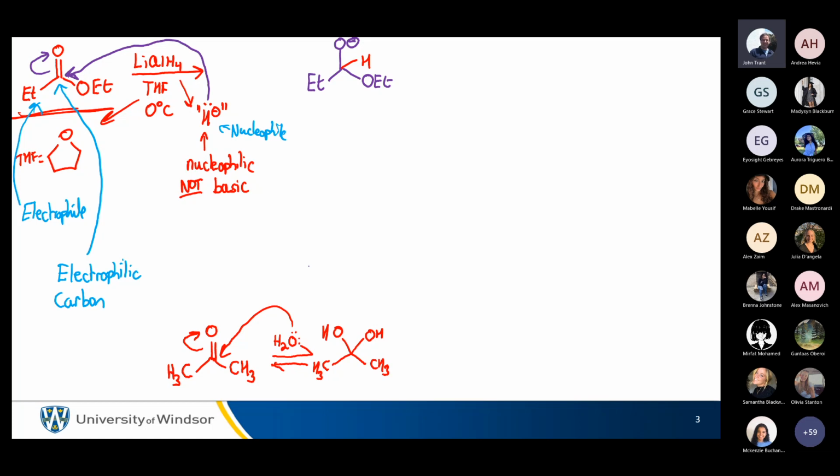Up here we had H minus, we've used C minus. We can add water, oxygen as the nucleophile.